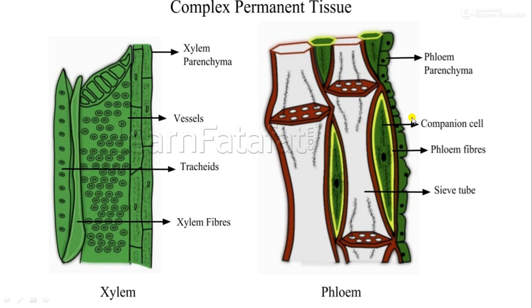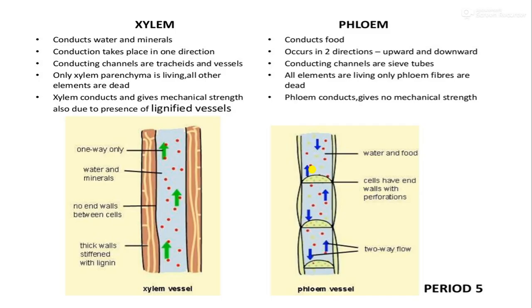And here are the phloem sieve tubes with the perforation plates, and then phloem companion cells always associated with it, phloem fibers and phloem parenchyma. Okay, so this is a detailed diagram of xylem and phloem. You can draw any of these cells.